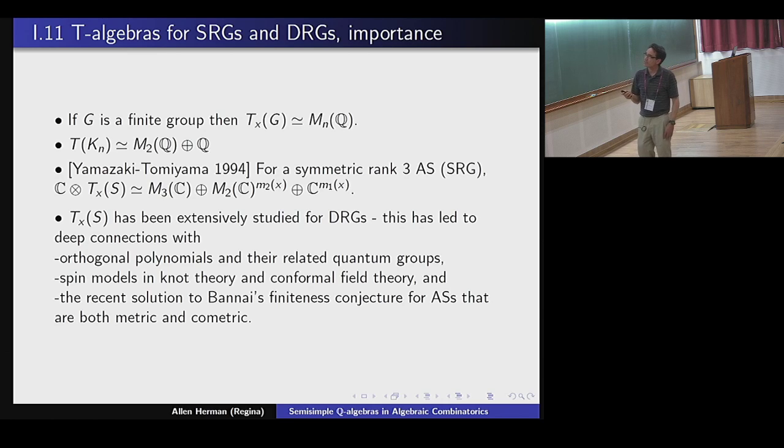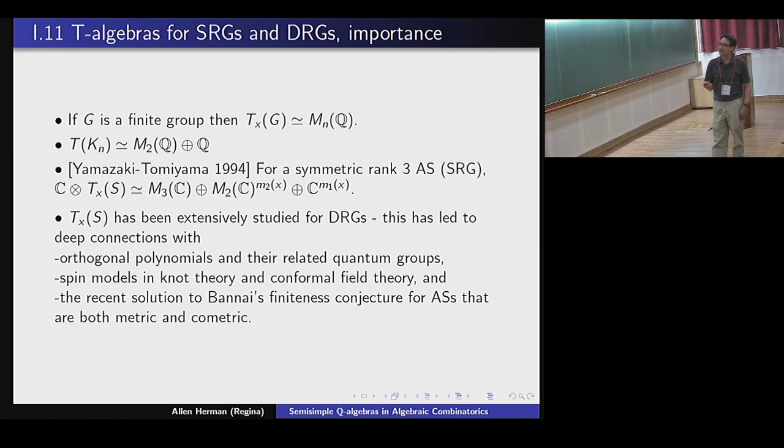It's been studied extensively for the distance regular graph people, which leads to all kinds of connections to lovely things. Let me say a little bit about how the first one of these works. For bipartite graphs, what was shown is that there's a mapping from U_q(sl2) onto T(x). So all of the representations of T(x) are representations of U_q(sl2).